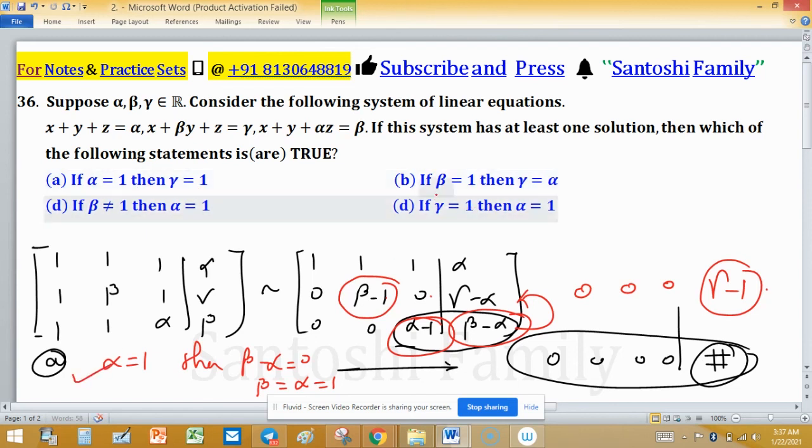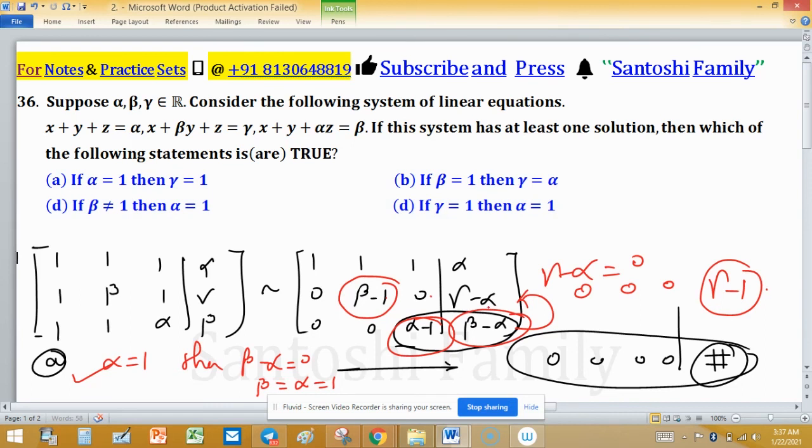Now come to option B. If beta equal to 1, then the second row will be 0 0 0 and gamma minus alpha. So this should equal 0: gamma minus alpha should equal 0. So gamma equal to alpha. So option B is also true.